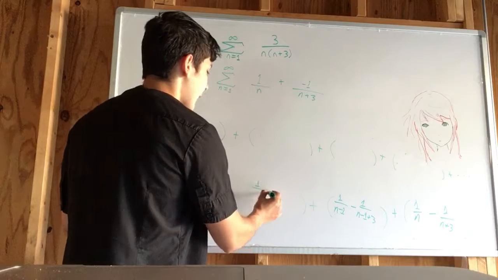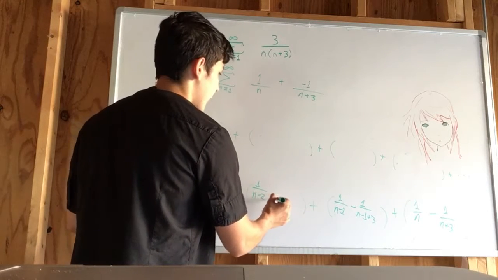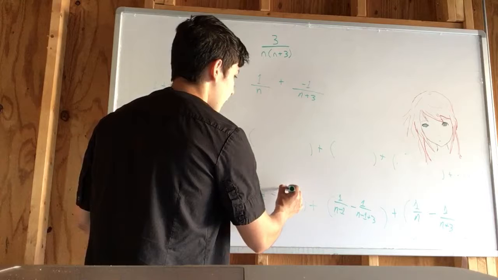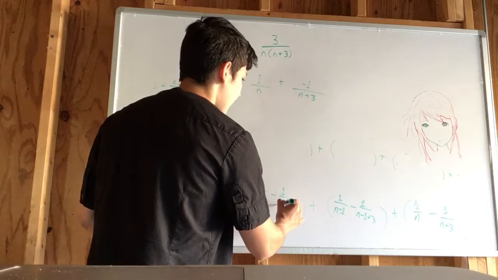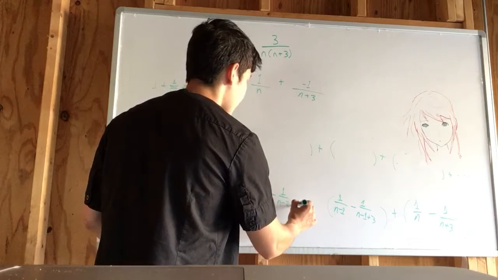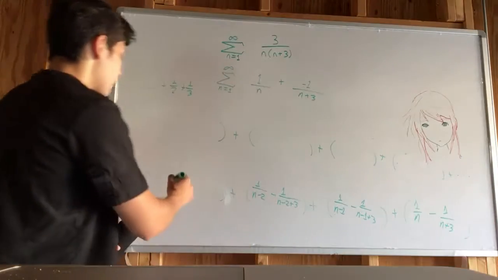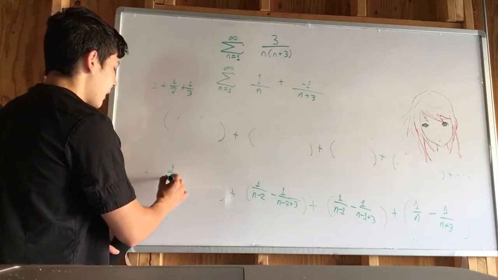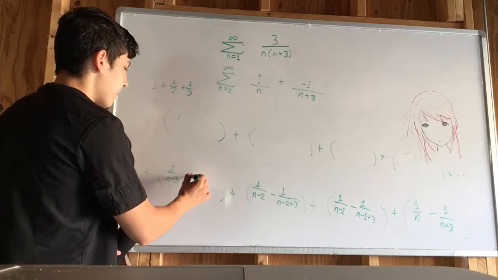This would be if we had plugged in n-2 for n. And that would give us n-2 plus 3 there in the denominator. This would obviously be if we had plugged in n-3.